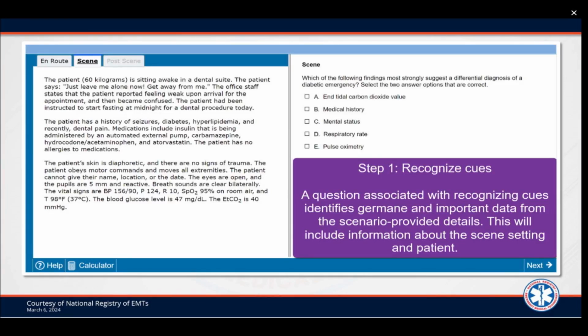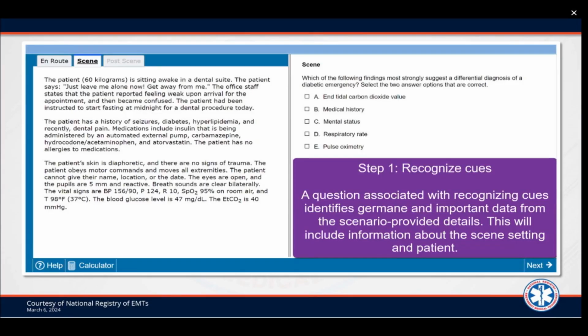The patient's skin is diaphoretic. There are no signs of trauma. The patient obeys motor commands and moves all extremities. The patient cannot give their name, location, or the date. The eyes are open and the pupils are 5 millimeters and reactive. Breath sounds are clear bilaterally.